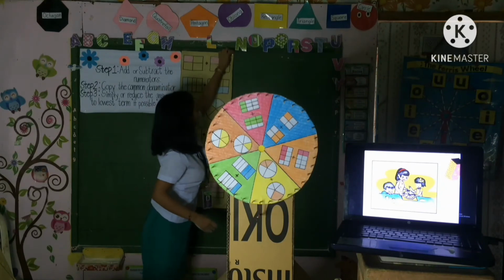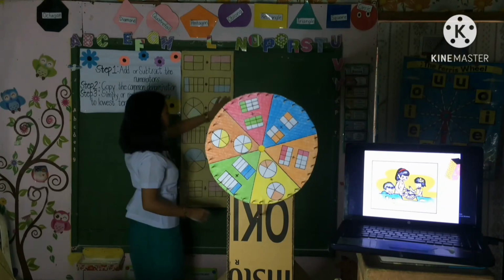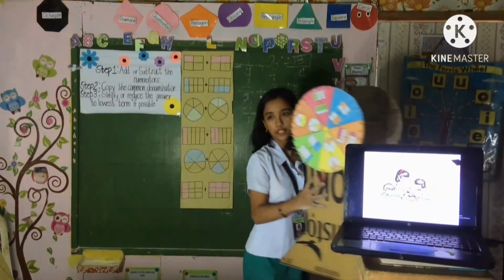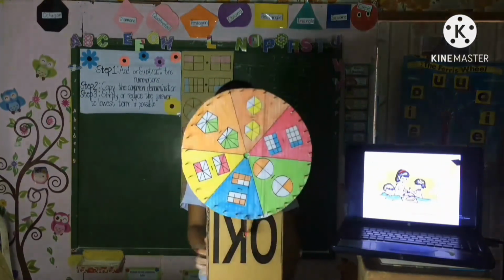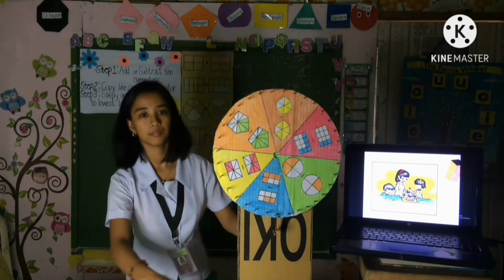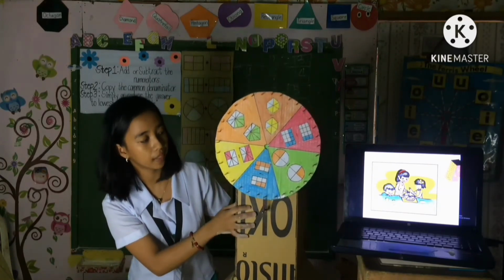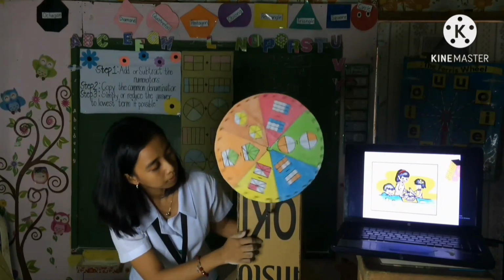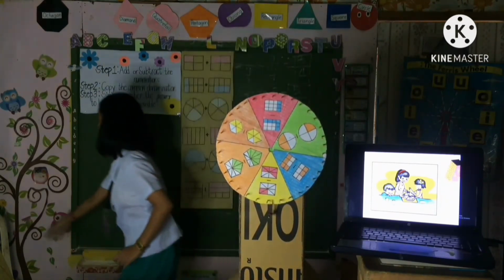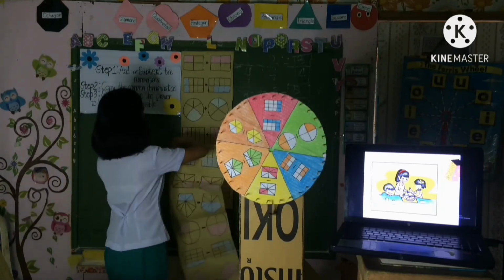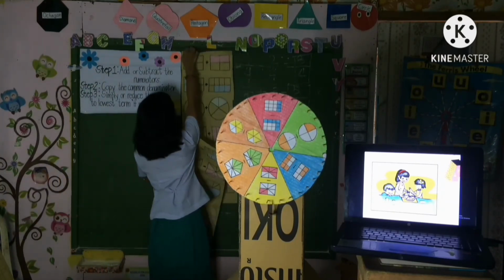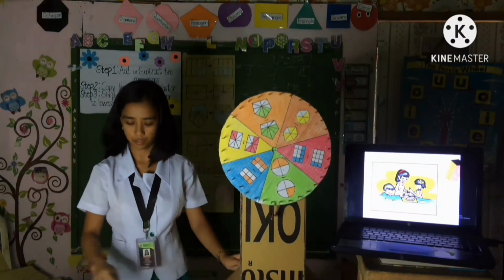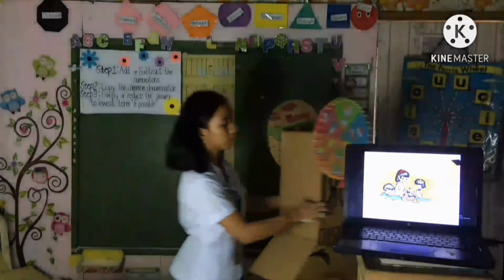Let's check your answer. Now, let's proceed to the subtraction of similar fractions. Okay, anyone who can spin this? So this is the illustration. You will answer. Okay, let's spin. Okay, let's check your answers now.